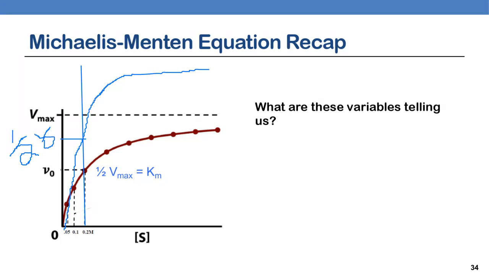I don't know if I'm botching this. So our Km is always going to be 0.2, but the V naught can change, but our Km is not changing.